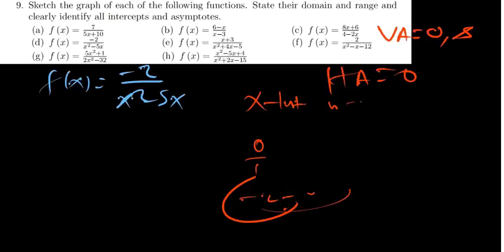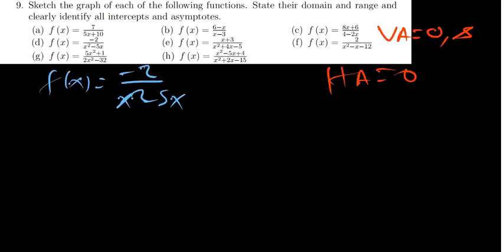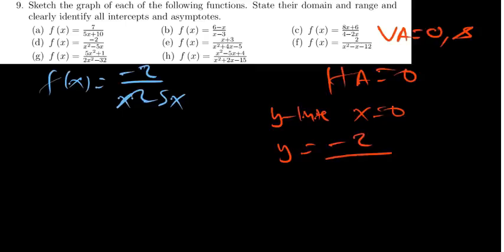Then you go to y. To find the y-intercept, x has to be 0. So y will be equal to negative 2 over 0 minus 0, which is going to be undefined. We also don't have the y-intercept.